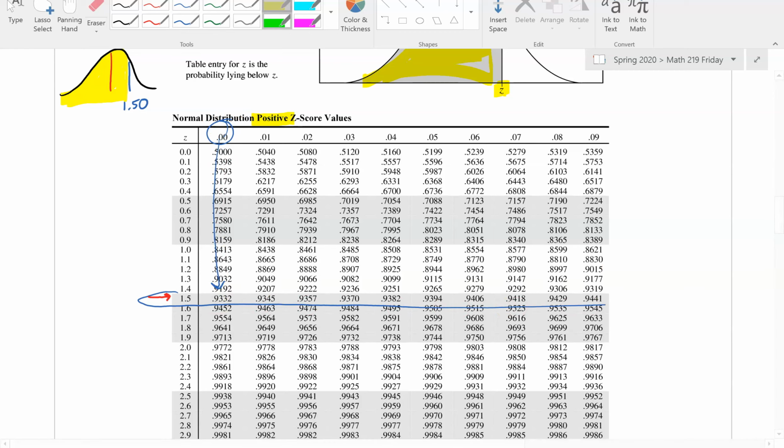So right there, that number 0.93 or 933 is the area that I would find to the left of a standard deviation of 1.5 or a z-score of 1.5.